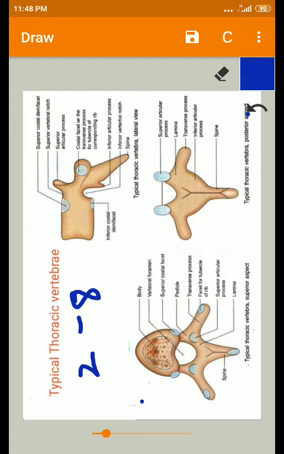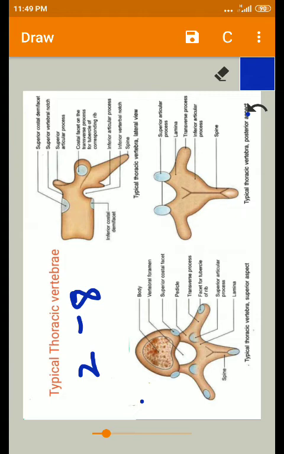So the typical thoracic vertebrae are from 2nd to 8th, and the atypical thoracic vertebrae are the 1st, 9th, 10th, 11th and 12th. These atypical thoracic vertebrae present some special features which are not seen in the typical thoracic vertebrae, so they are called atypical thoracic vertebrae.